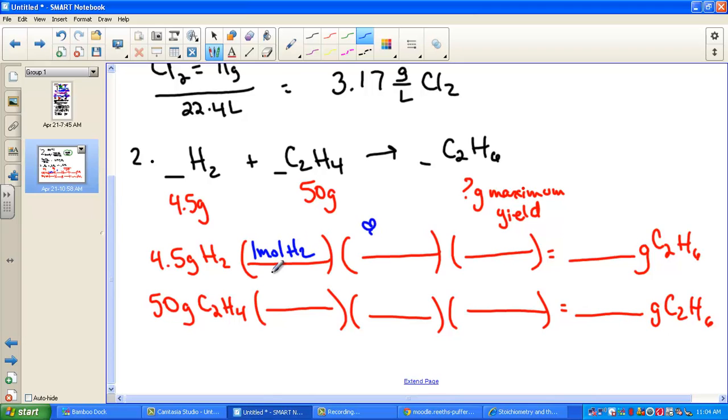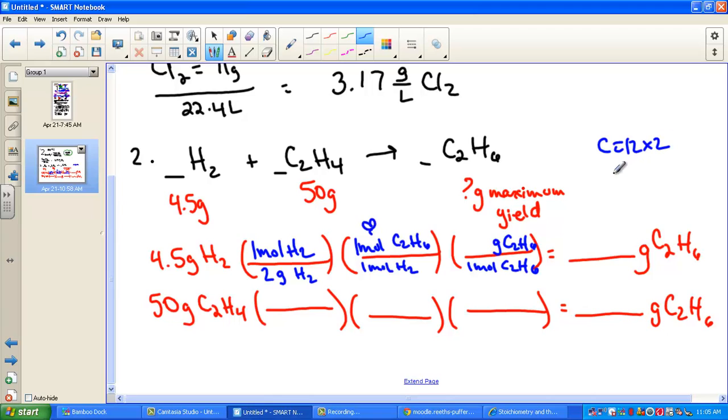Step 1 requires a molar mass to convert from grams to moles. Molar mass of molecular hydrogen is 2. We have a nice 1:1 stoichiometric ratio, so 1 mole of product forms for every 1 mole of hydrogen that's used. And we'll need a molar mass of our target, C2H6, in this last step.